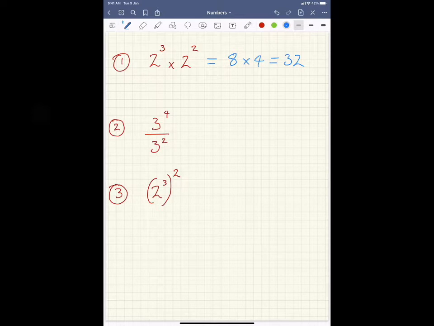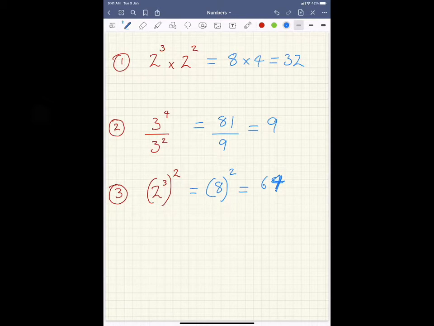The second one, 3, 9, 27, 81, right, and then this is 9. 81 divided by 9 is indeed 9. And then the last one, 2 times 2 times 2 is 8, then squared, and that's 64, right? Beautiful.